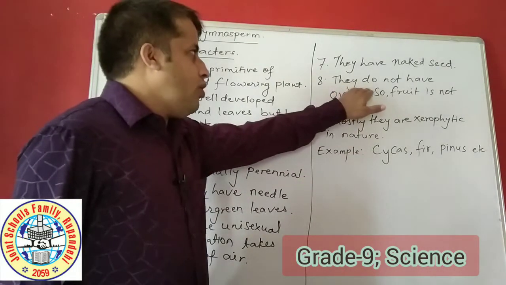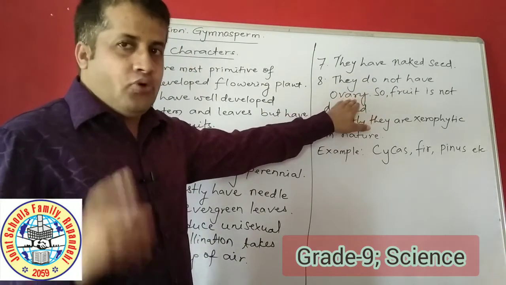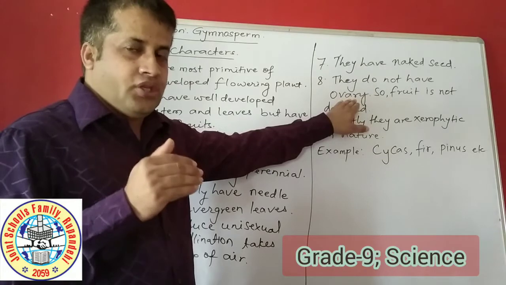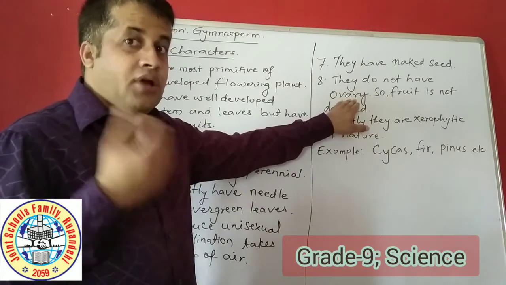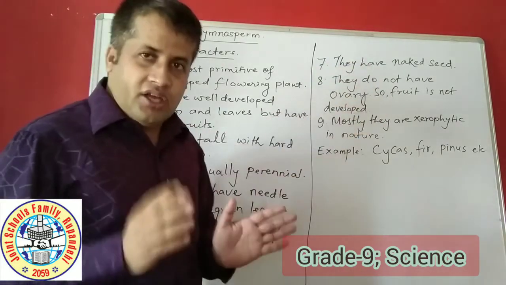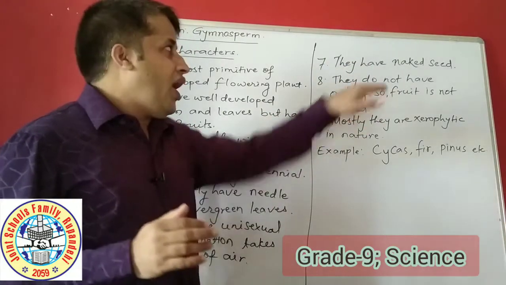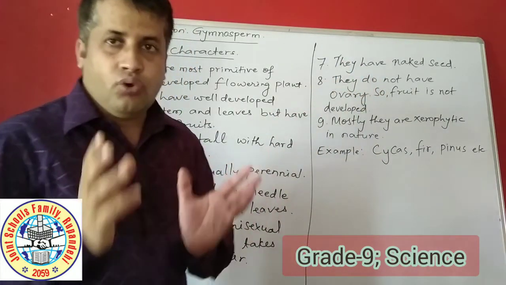And why is it so? Because they don't have an ovary, the ovary which develops into the fruit. So they have naked seeds, like in the form of cones.